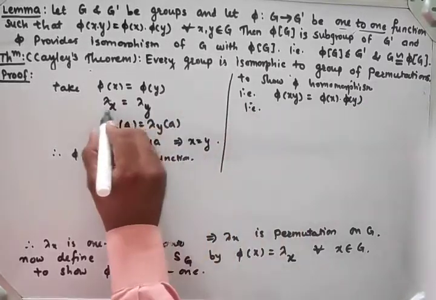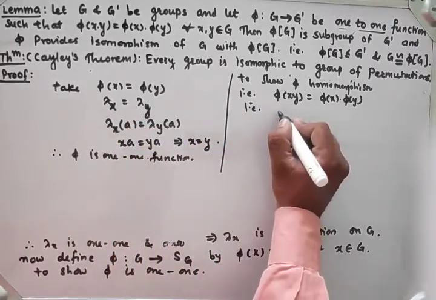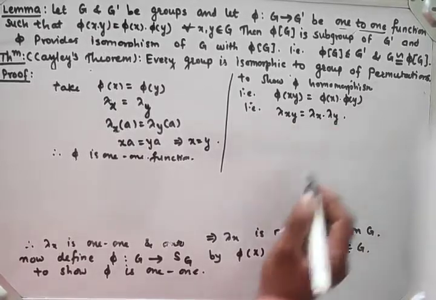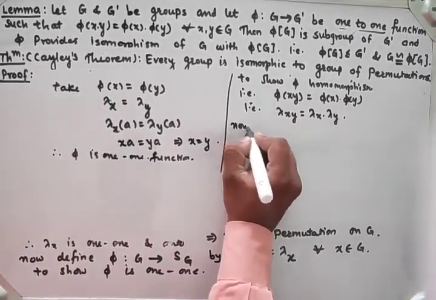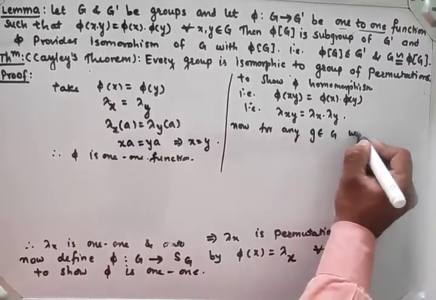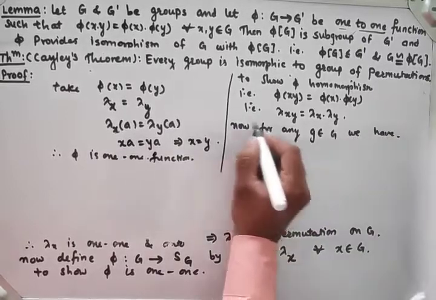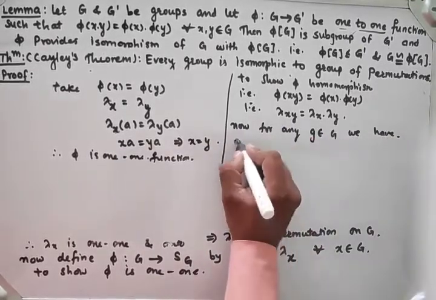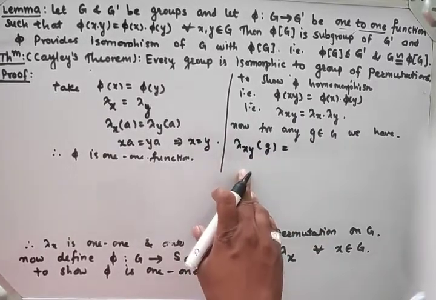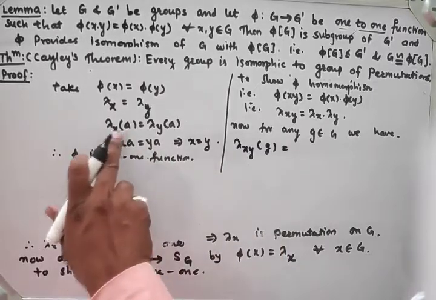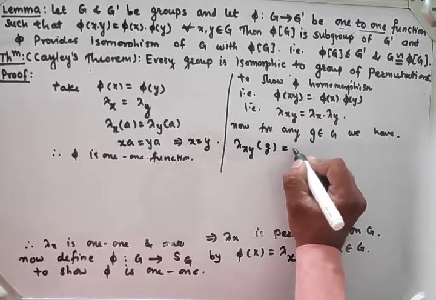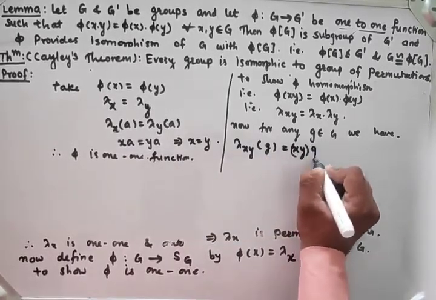Here we have defined in terms of lambda, so we have to show that lambda x into y is equal to lambda x into lambda y. Now for any g belongs to G, we have the left hand side, so lambda x into y of g, by using that lambda x of a has value xa, is equal to x into y of g, right?